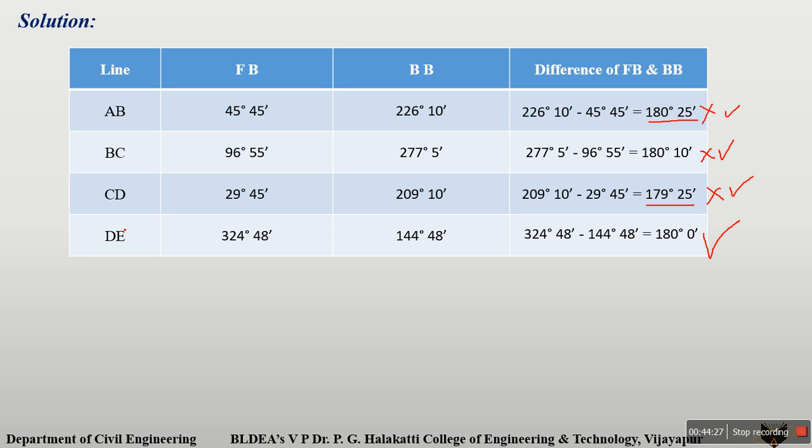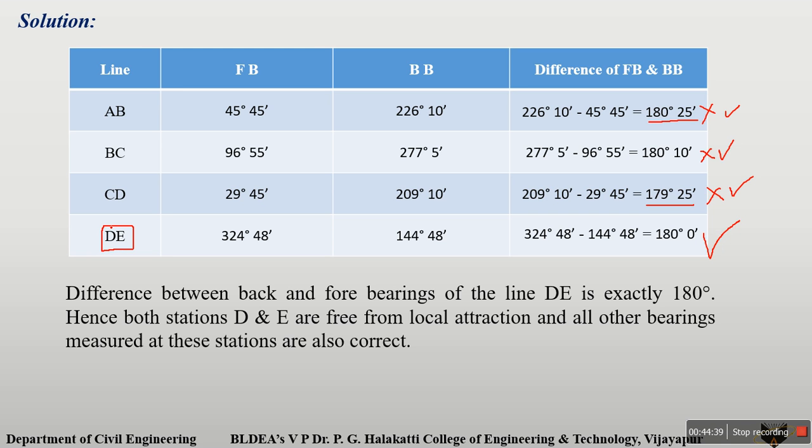It means the bearings measured from stations D and E are free from local attractions. Just observe, you can write one sentence: the difference between the back bearing and forebearing of line DE is exactly equal to 180 degree. Hence both stations D and E are free from local attraction, and all other bearings measured from these two stations are also correct.